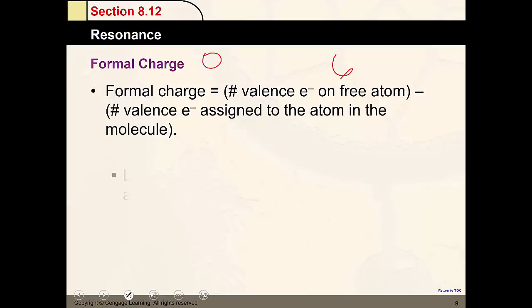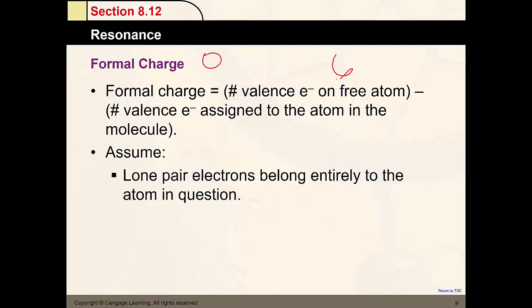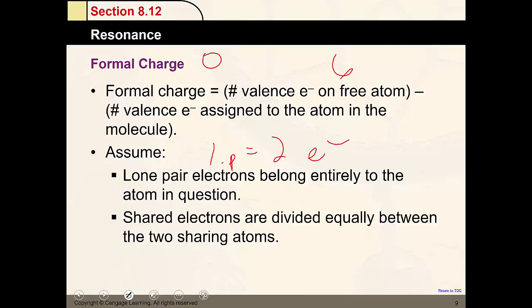Okay. And what we do, we assume lone pairs belong entirely to the atom in question. So a lone pair equals 2 electrons, whereas shared electrons are divided equally between 2 atoms, so a bonding pair is equivalent to 1 electron.